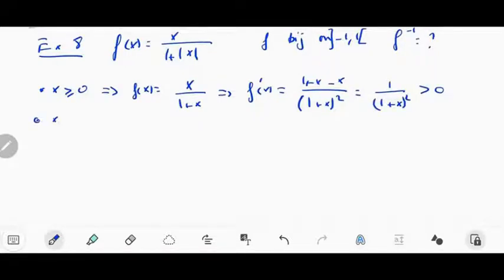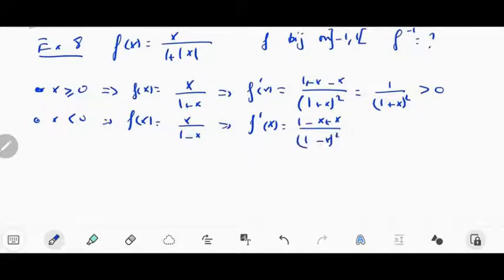And if x is negative, then f of x is equal to x over 1 minus x, which means that f prime of x is equal to (1 minus x plus x) over (1 minus x) squared, which is equal to 1 over (1 minus x) squared, and which is also positive.